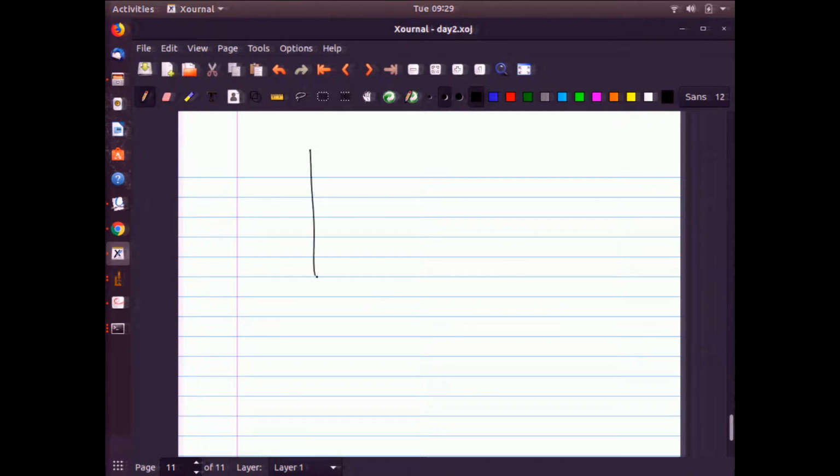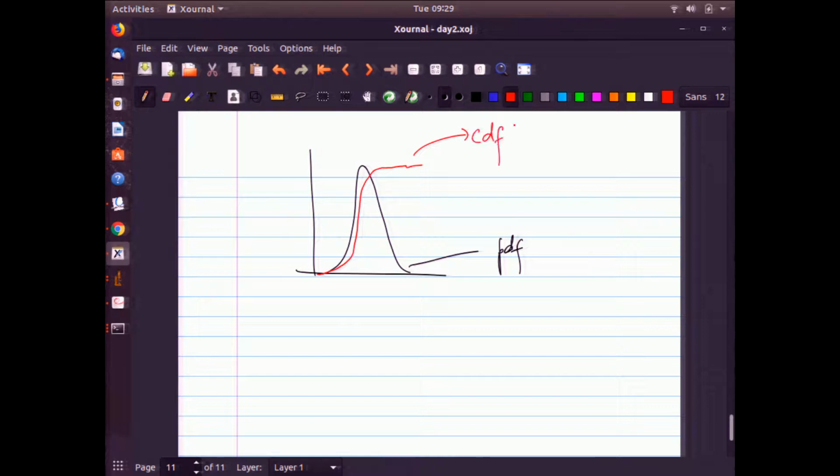So let me give you a clue. Let's say you have a PDF, right? Let me give you a clue that you might have to use its CDF, or cumulative density.